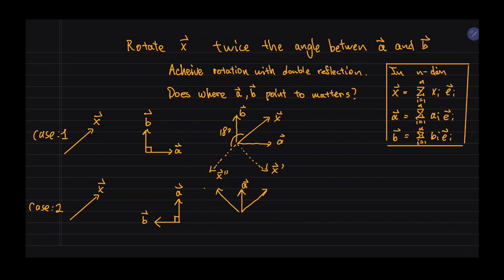Reflected, we get x prime, and then b is here. Then we reflect with respect to b. So this is x prime prime. Now you can see that this looks like 180 degrees, and we have 90 degrees between a and b, so we have rotated twice the angle between a and b.